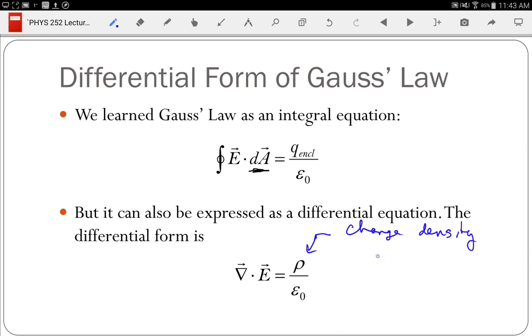That is, it's the charge per unit volume. So instead of having the charge enclosed, it's the charge per unit volume that we have here, divided by the same epsilon 0. So let's actually look at problem 5.